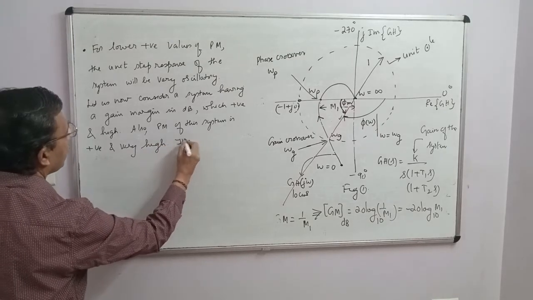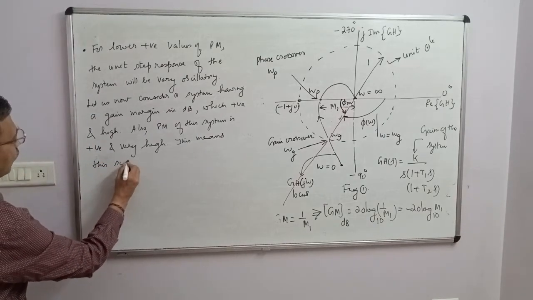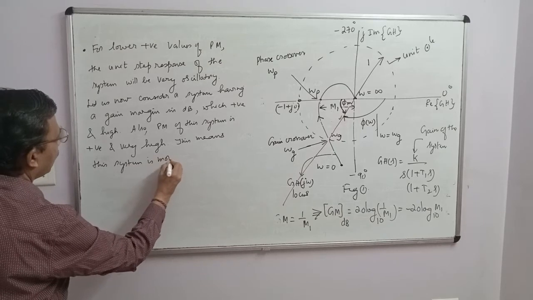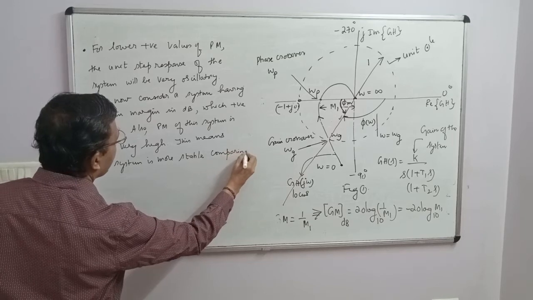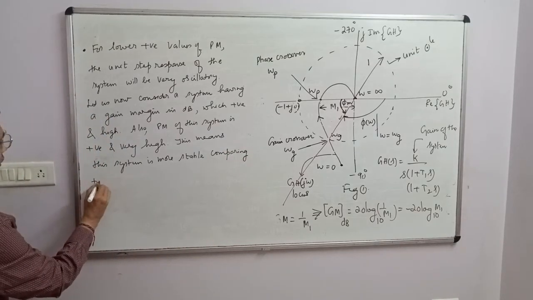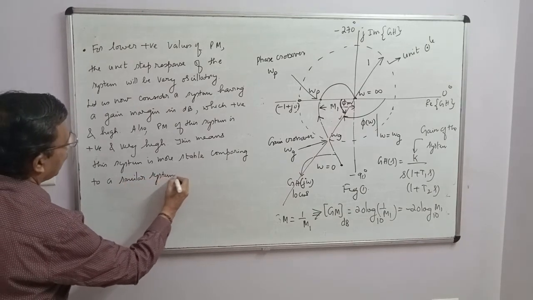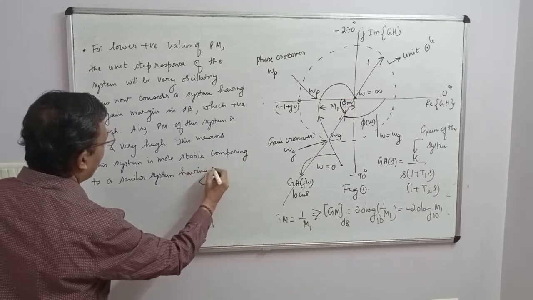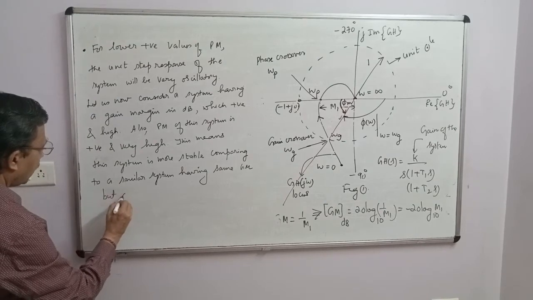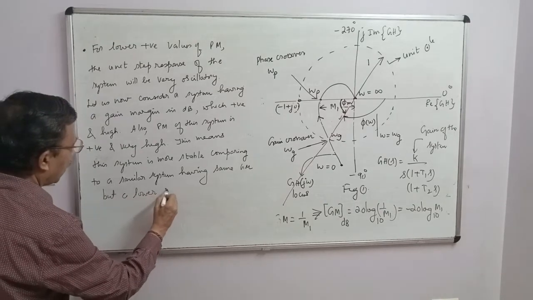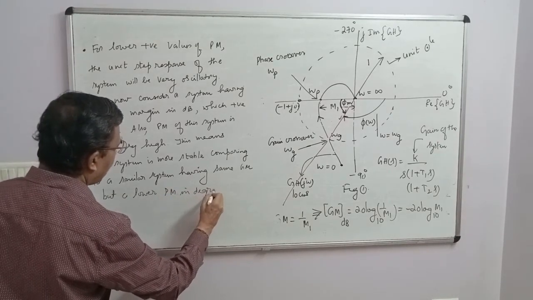This means this system is more stable compared to a similar system having the same gain margin but a lower phase margin in degrees.